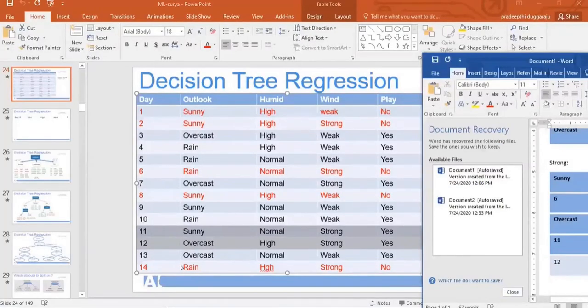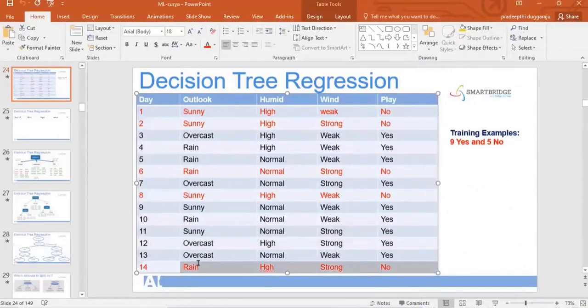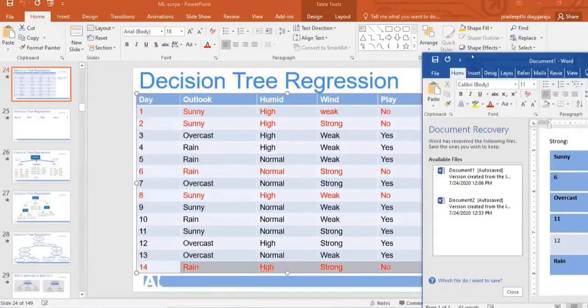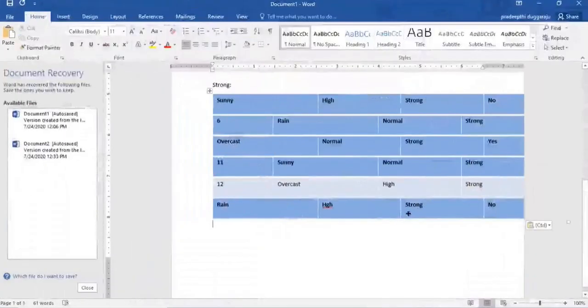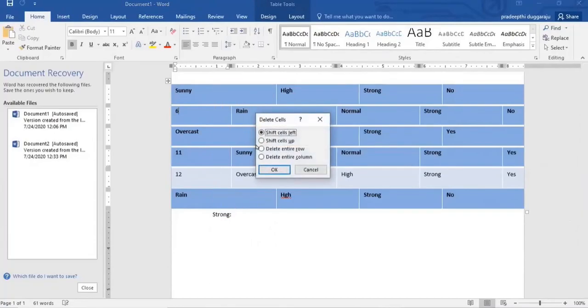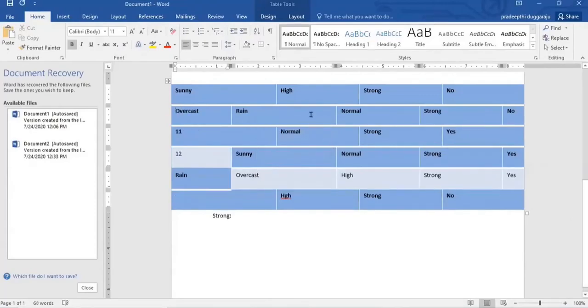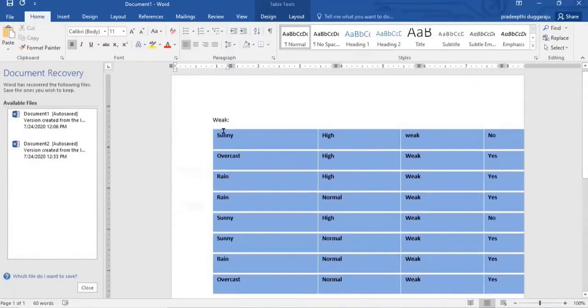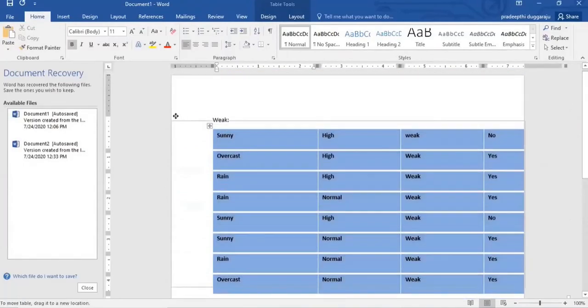Strong and strong, right? So these are the observations for wind and strong. Okay. So now this is strong, this is weak, right?